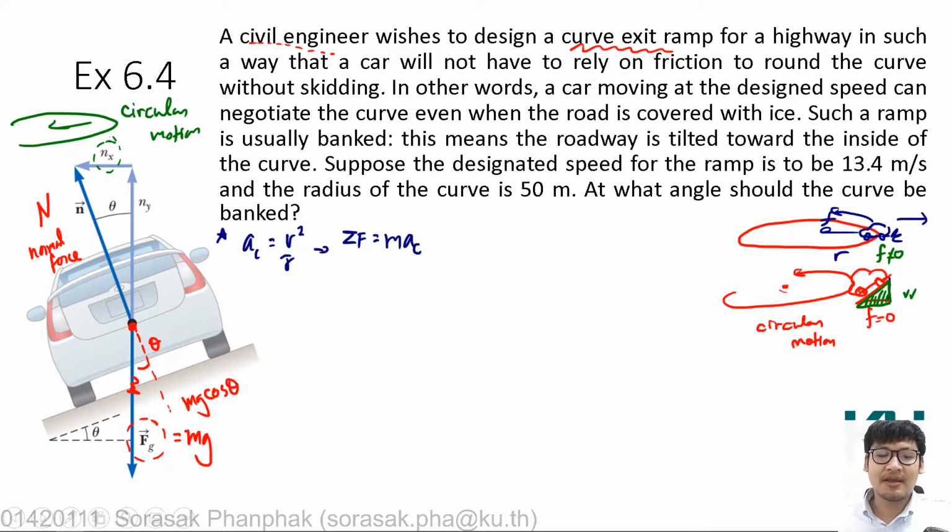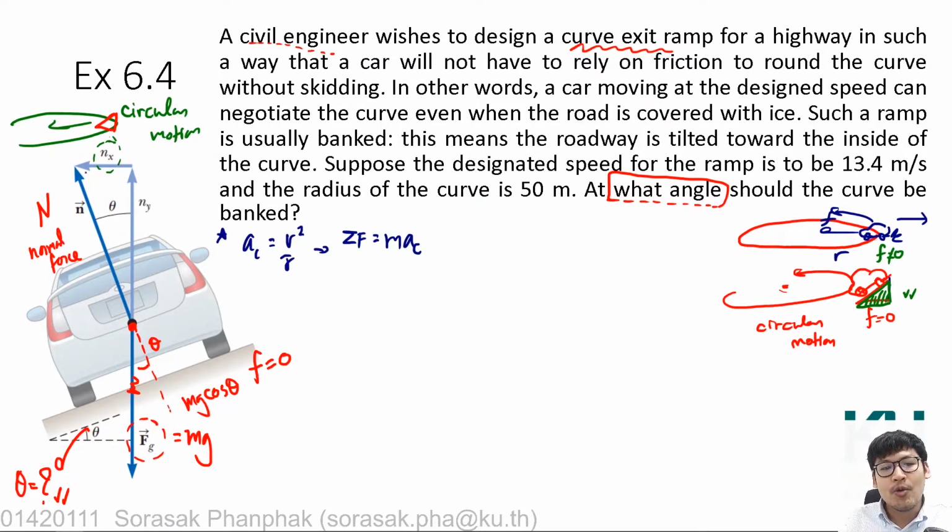But this is not the thing we need, because in order to investigate the circular motion, we try to find the relation. For example, in this case, you would like to identify the angle that allows this car to corner in this circular motion. And I said this is the frictionless case. There's no friction along this part, so the main influence is due to the slope, or this angle.